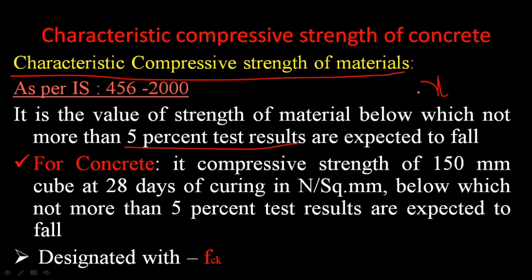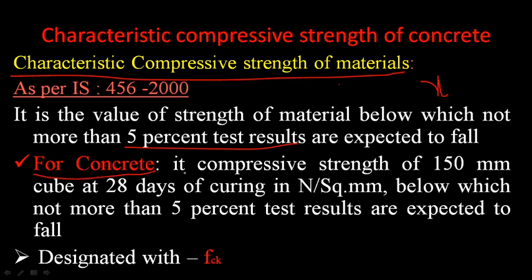Of those, 95 test samples must reach the value of X or more than X, and the allowable failure must be 5%. Then the value obtained for 95% of test samples is termed the characteristic compressive strength of a material.